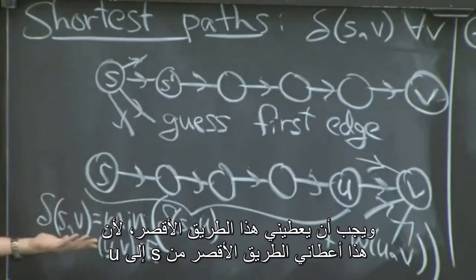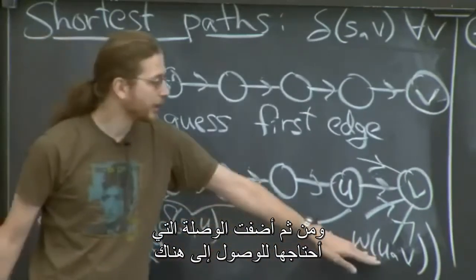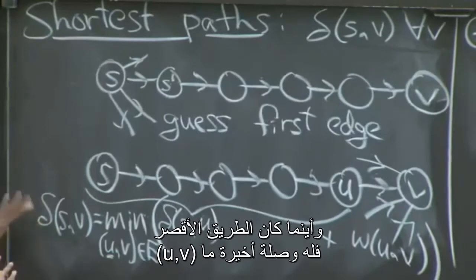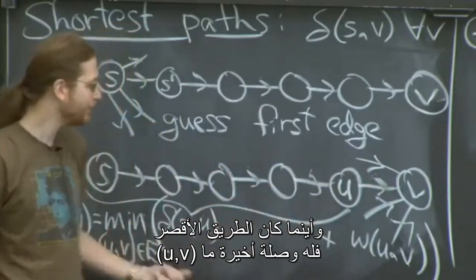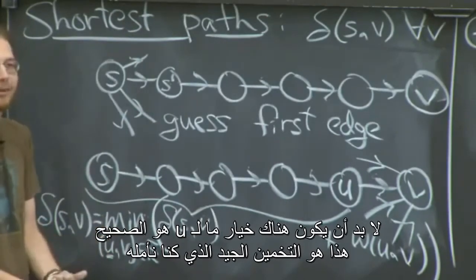That should give me the shortest path, because this gave me the shortest path from S to U. Then I added on the edge I need to get there. And wherever the shortest path is, it uses some last edge, UV. There's got to be some choice of U that's the right one. That's the good guess that we're hoping for.